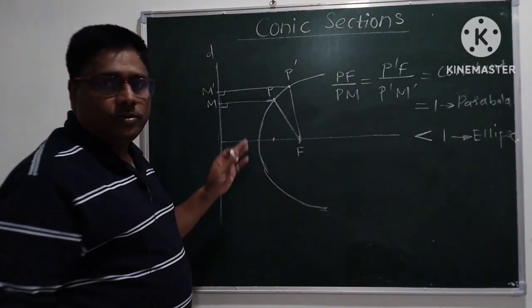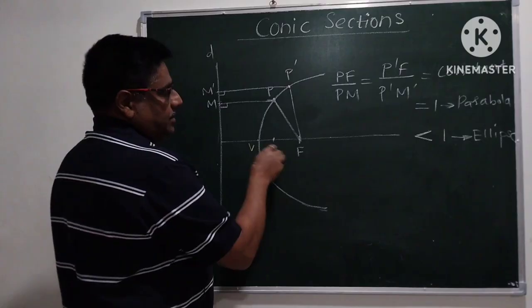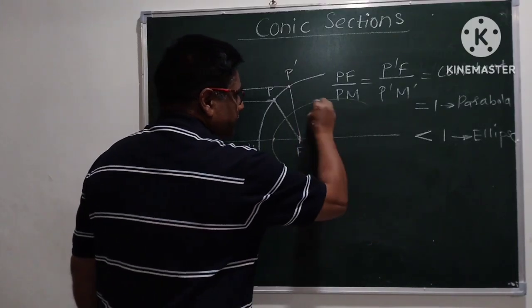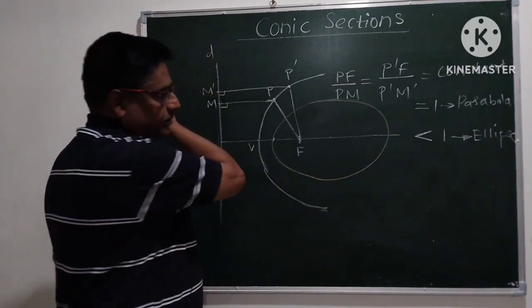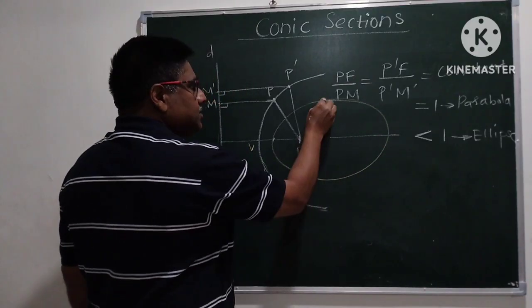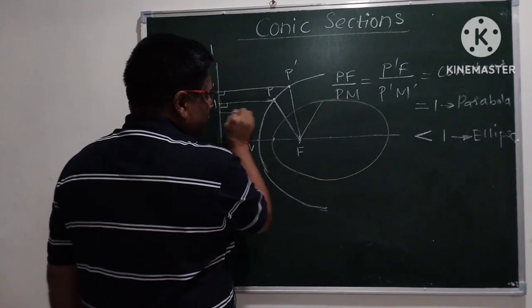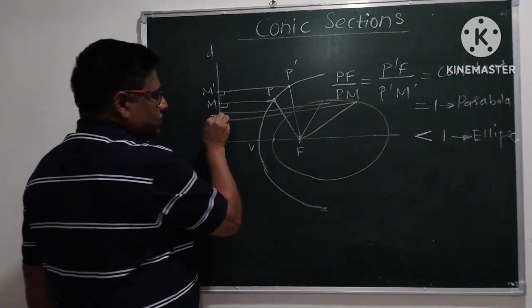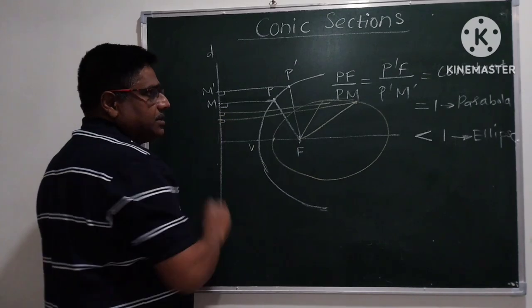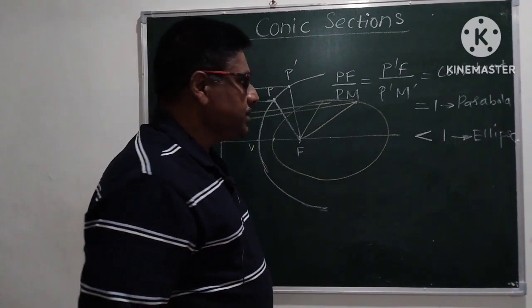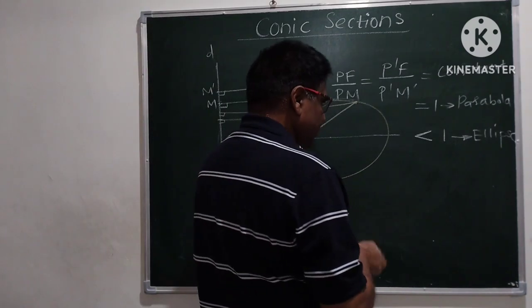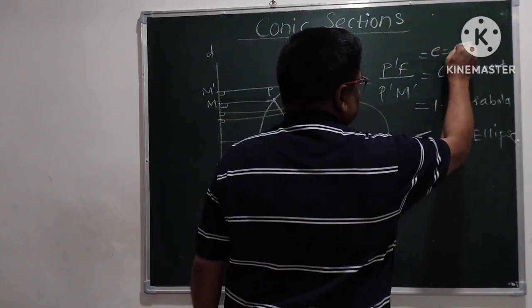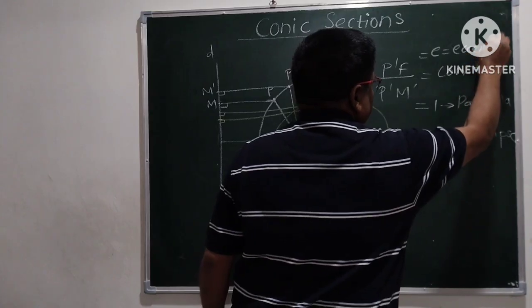Vertex is the point common to the curve as well as the axis. Here also the ratio of the two distances is always constant, and this constant is known as eccentricity. This constant is e, eccentricity.